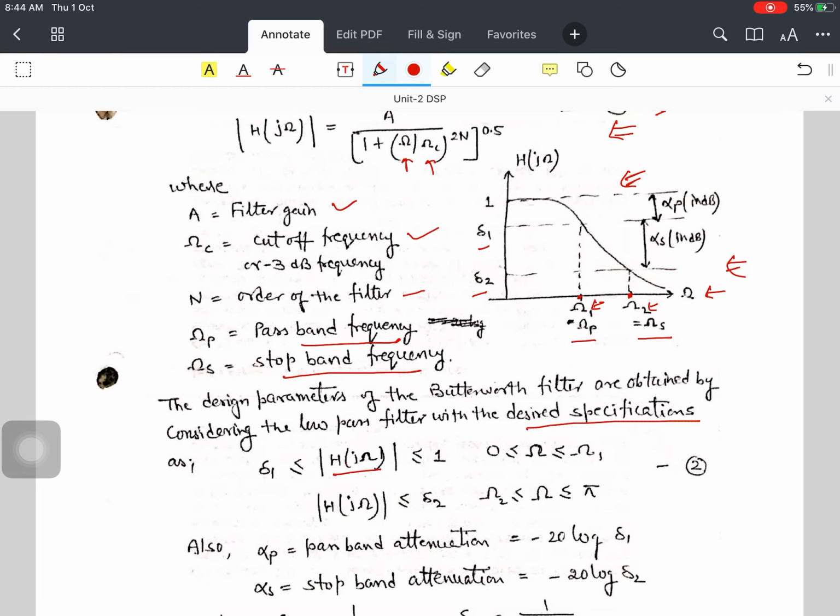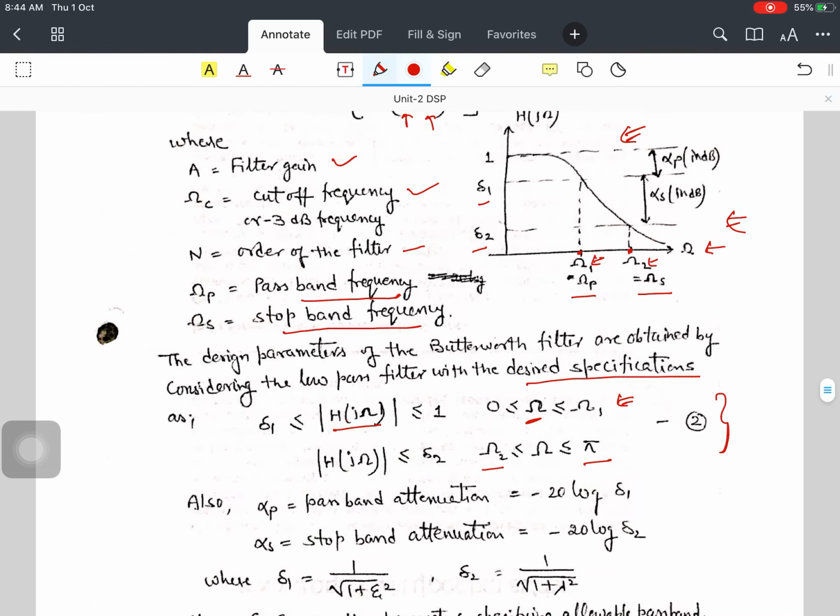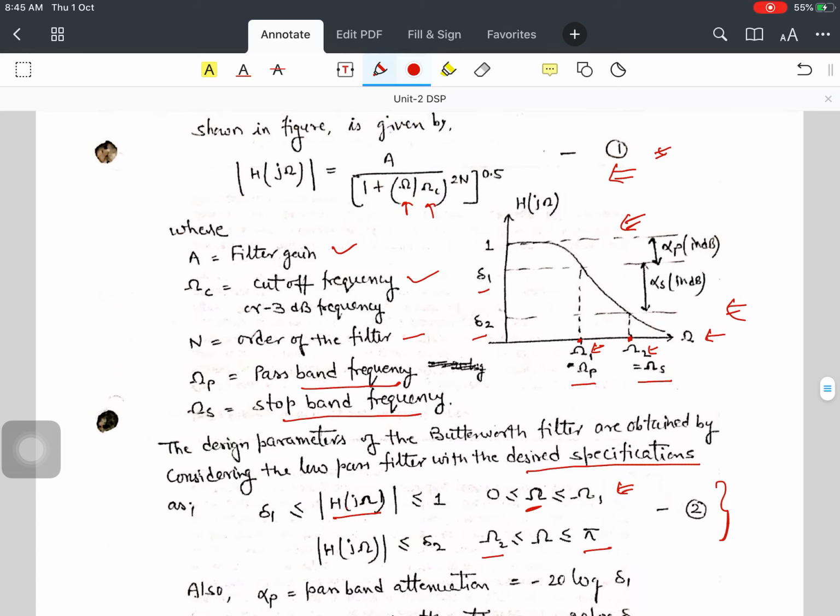This condition is true when Ω lies between 0 and Ω1. Next, |H(jΩ)| less than or equal to delta 2, and Ω lies between Ω2 and pi. So you have to remember this equation 2. For a numerical problem you have to remember equation number 1 and equation number 2.